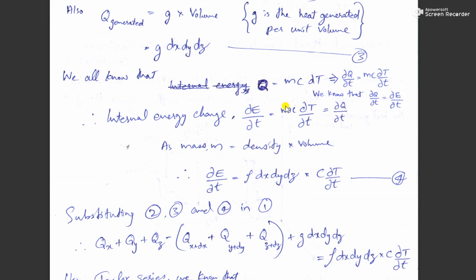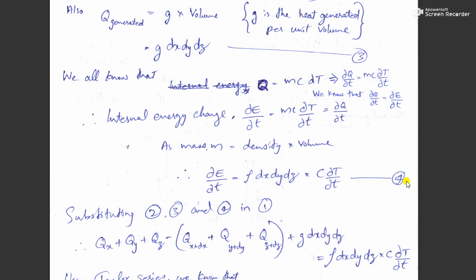Here mass is equal to density into volume. So dou E by dou T is equal to density rho into volume dx dy dz into C into dou T by dou T. Now we have finally found the expression for change in internal energy.